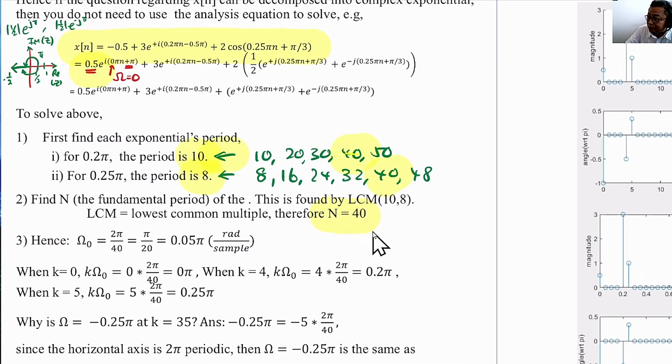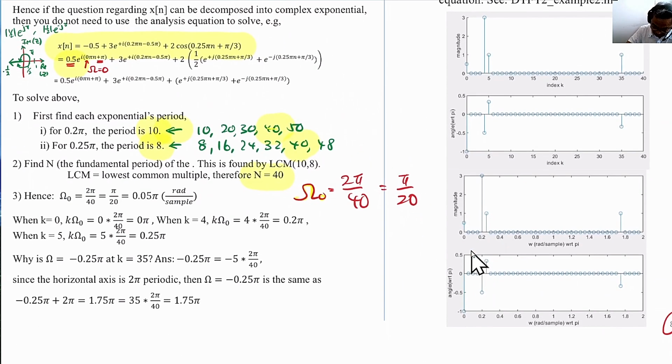We have now found N equals 40, and we can use omega naught equals 2 pi divided by 40 to represent the fundamental complex exponential frequency that we are interested in, which is pi over 20. So now we can find the associated k because we are interested in 0.2 pi. The associated k for 0.2 pi is k equals 4.